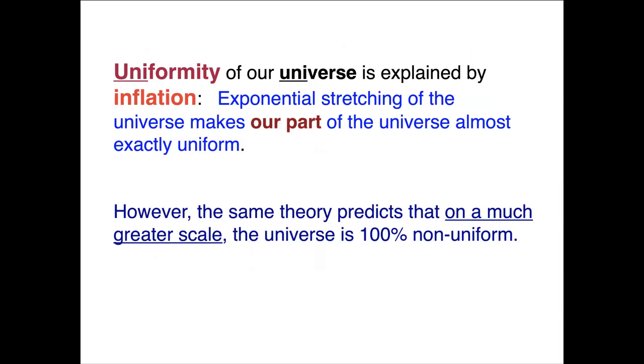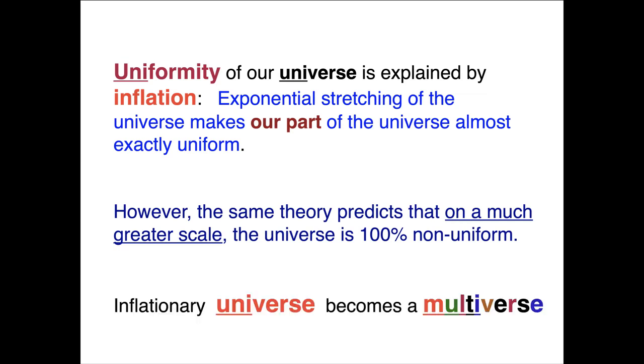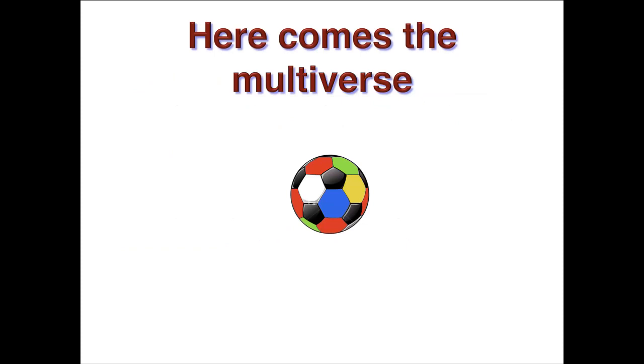But the same theory, because it is also responsible for the creation of huge quantum fluctuations, makes the universe on the very large scale 100% non-uniform, divided into different pieces. So the universe, even if it starts unique, becomes a multiverse.